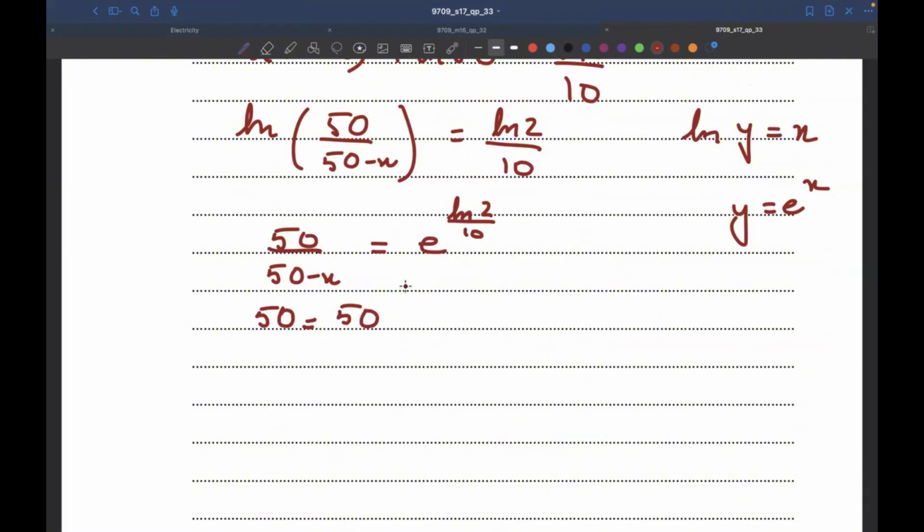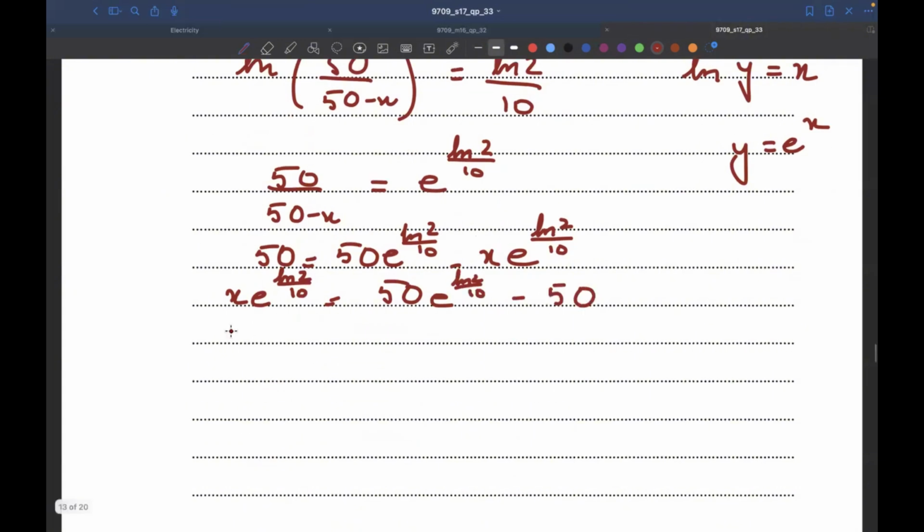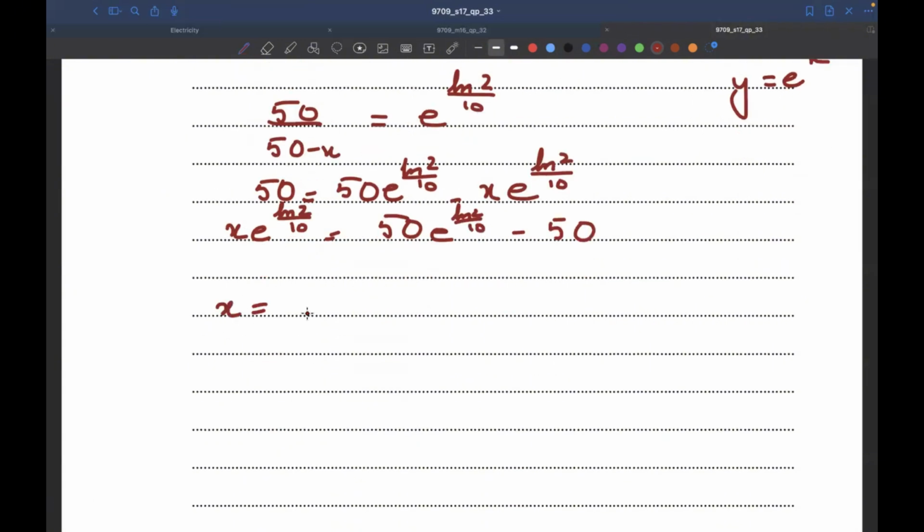Now cross multiplying, as we have to make x the subject, that becomes 50 is equals to 50 e power ln 2 upon 10 minus x e power ln of 2 upon 10. Bringing this on the left hand side to make it positive, we'll get x e power ln of 2 upon 10 is equals to 50 e power ln of 2 upon 10 minus 50. Finally, making x our subject, we'll get x is equals to 50 e power ln of 2 upon 10 minus 50, and both of these terms will divide by e to the power ln of 2 upon 10.